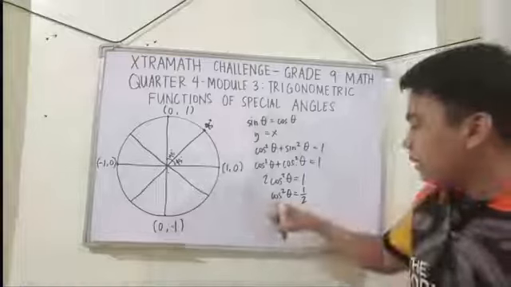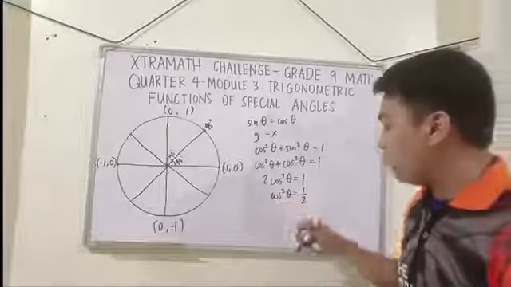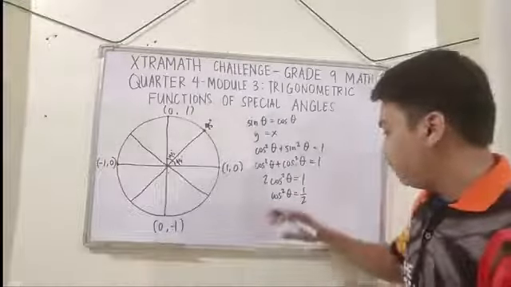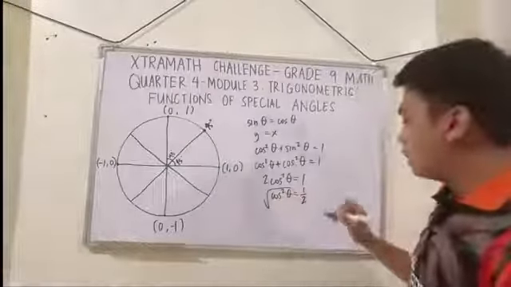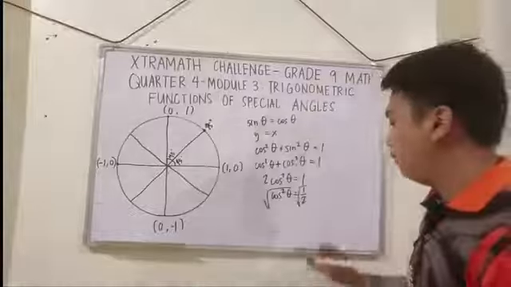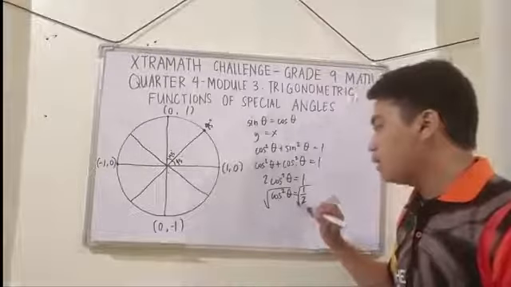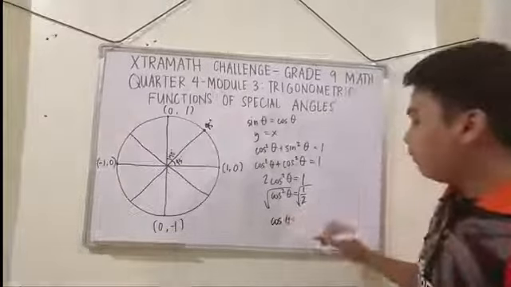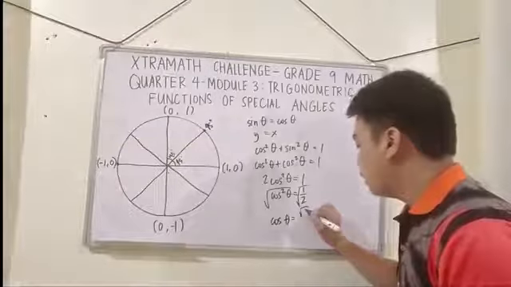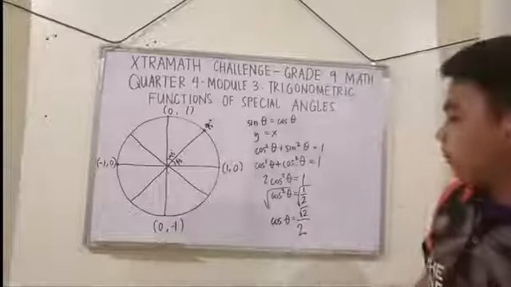And to find the value of cosine theta, we are going to take the square roots of both sides. So we have square root of cosine squared theta and the square root of 1/2. So square root of cosine squared theta is equal to cosine theta, and the square root of 1/2 can be written as square root of 2 over 2.